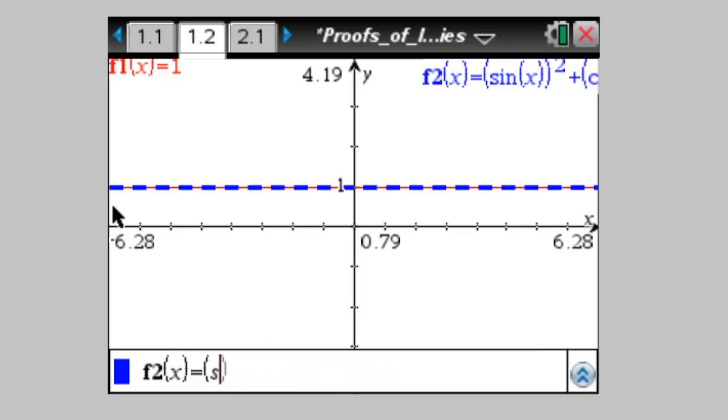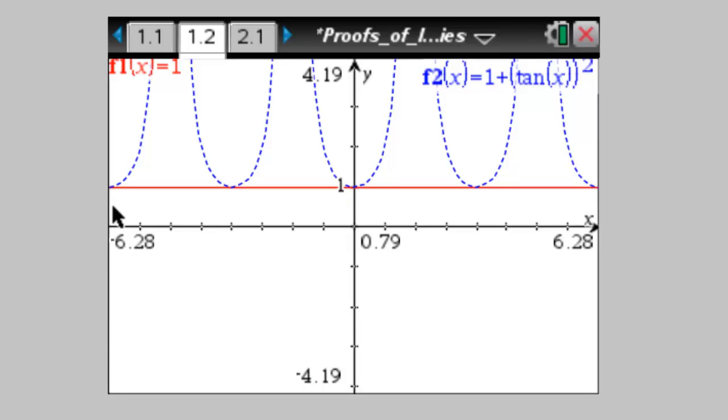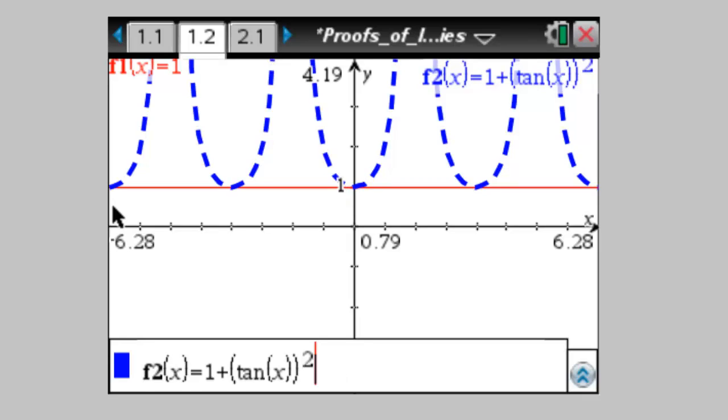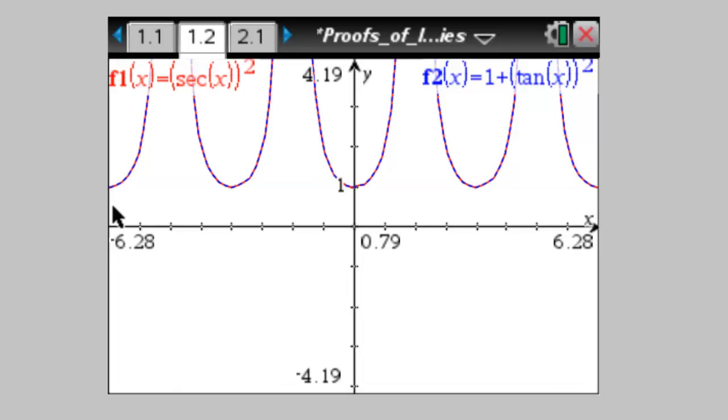If you'd like to see another one, if I write 1 plus the tangent of x squared, that is going to equal the secant of x squared.